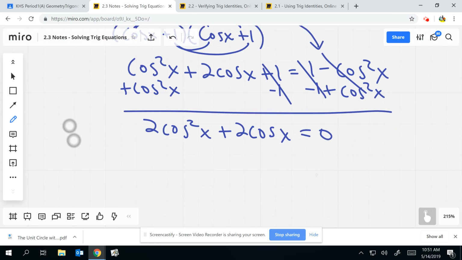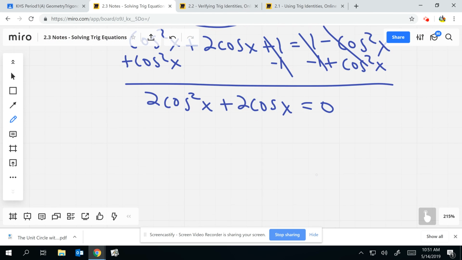So what's even nicer is that you do not have to do a star because you only have 2 terms. So just look for a GCF. See if you can divide both of them by something. What can you divide them both by? A 2. Do they both have at least 1 cosine in it? Yep, you can divide it by 2 cosine. So the 2 cancels here. Cosine squared over cosine, you can cancel 1 cosine off the bottom and 1 cosine off the top.